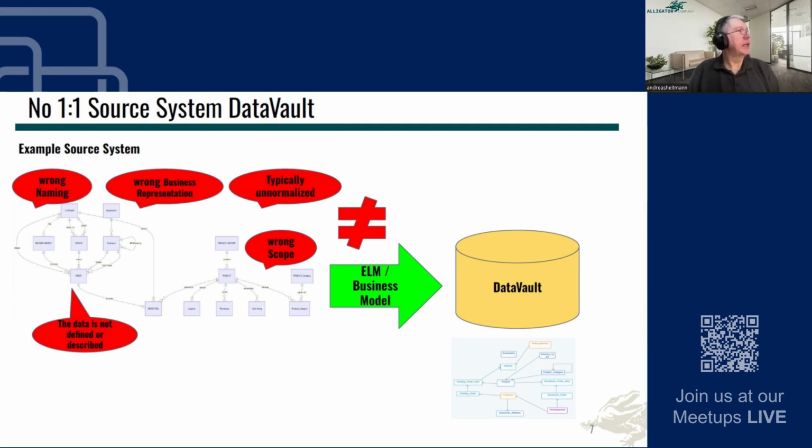In most cases, the data in the source system is not well defined and not described, or it uses wrong naming. The source system talks about persons, and if you then show a person in reports, the business can't handle it because they are always talking about customer or supplier or something else. So you have to talk to the business in their own wording and not in the wording of the source system. And the other point is, for example, the wrong business representation.